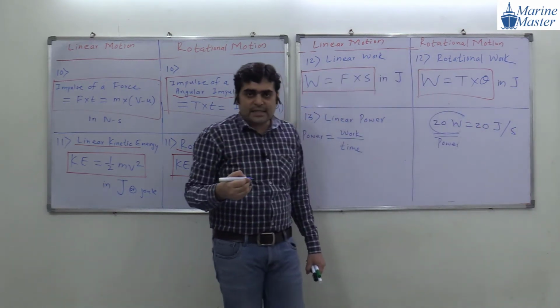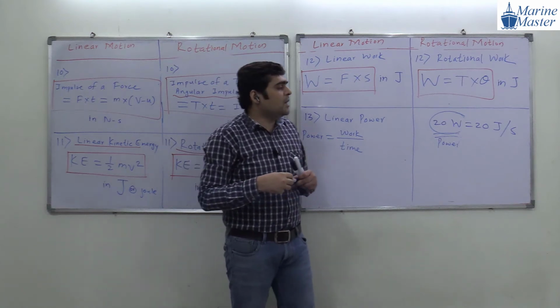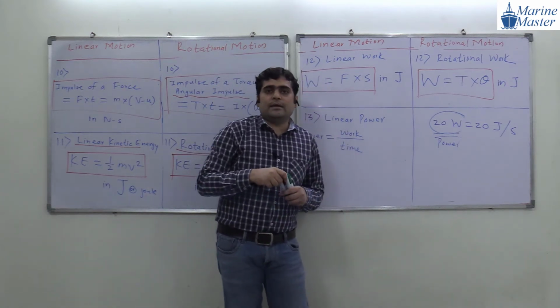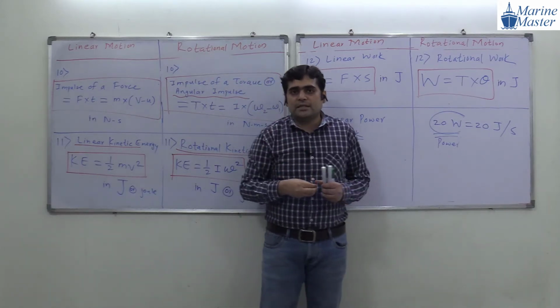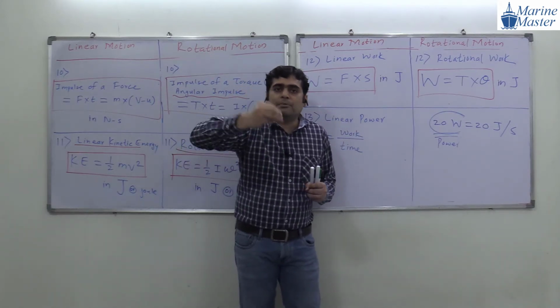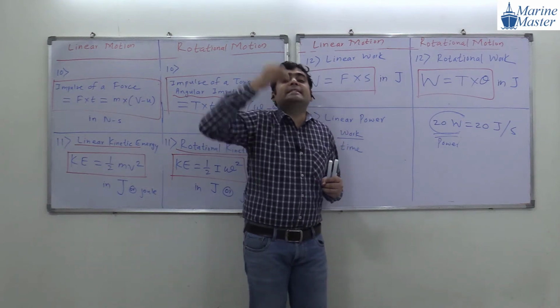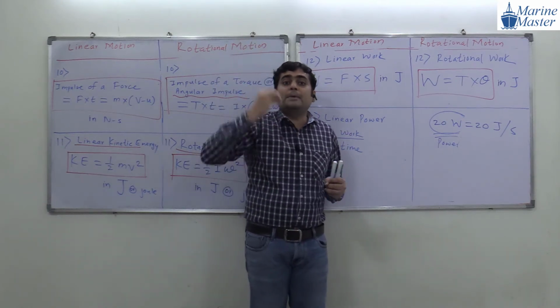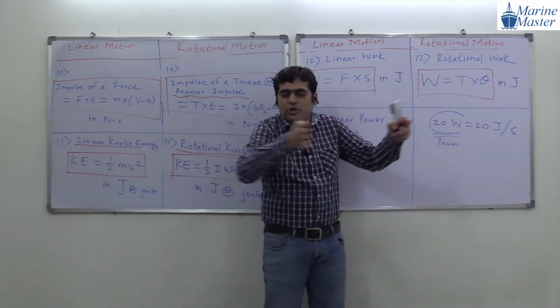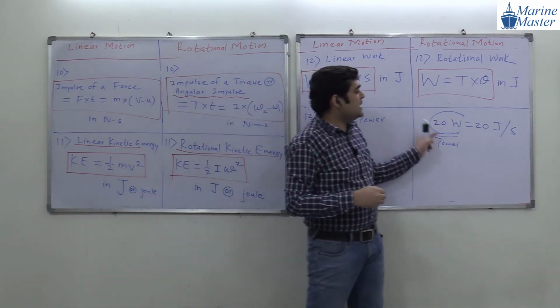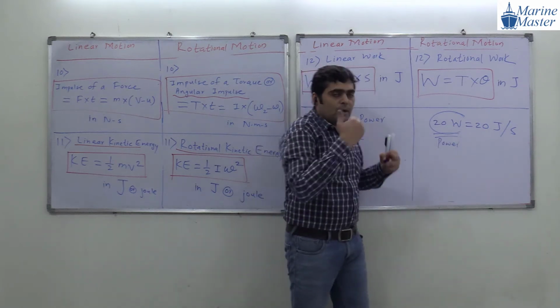In every second, that bulb consumes 20 joule of electricity, or 20 joule of electrical work. Electricity is one type of work, where electrons are moving. So that is the meaning of a 20 watt bulb.